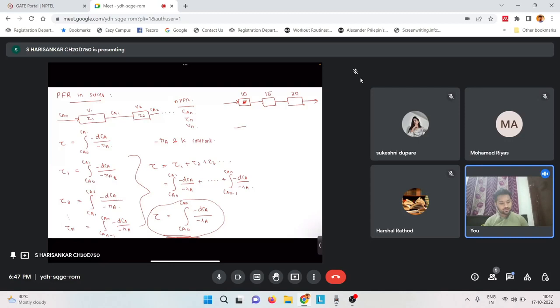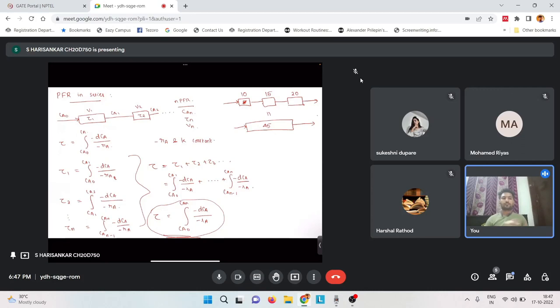This is equivalent to you having a single PFR which has the total volume, 10 plus 15 plus 20, that is 45. So these two are the same. That is what this equation denotes. If you have multiple PFRs in series, that is equivalent to having one large PFR which has the volume as the sum of all these small PFR volumes.